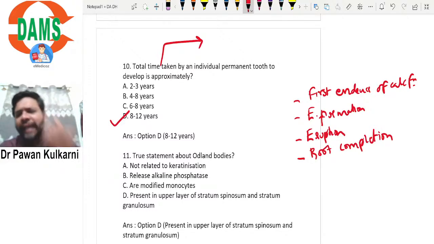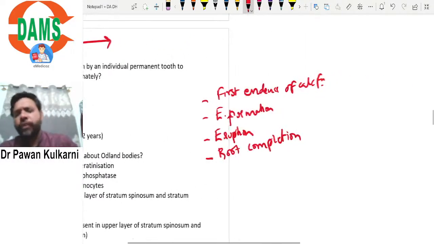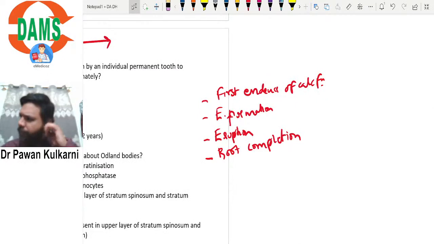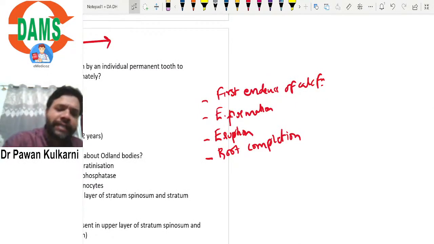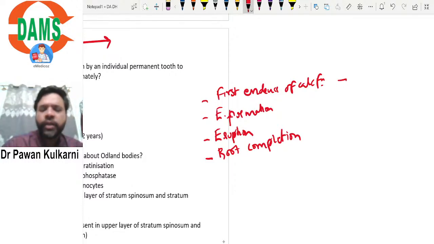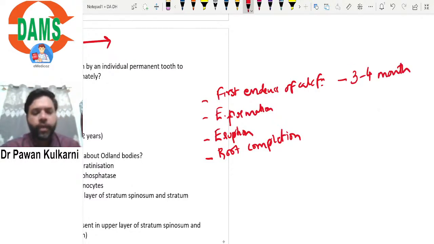I'll just take an example for your better understanding: the permanent central incisor. The first evidence of calcification takes place around the 3rd to 4th month after birth, and root completion is reached by around 10 years.